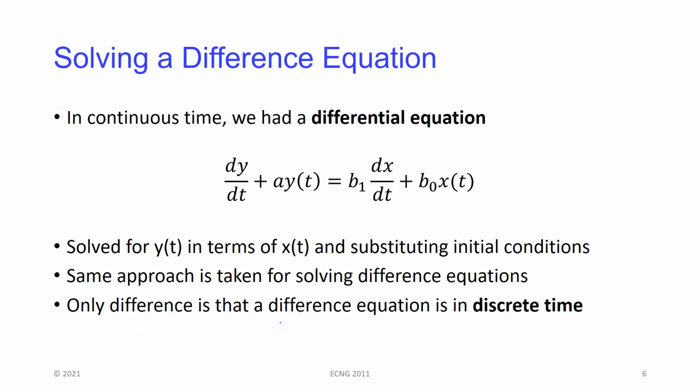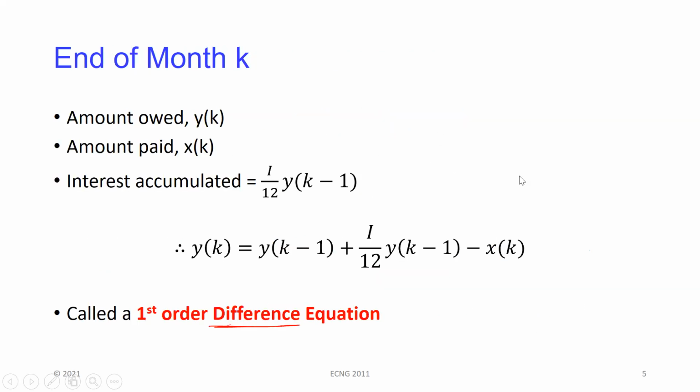And what we said is that in contrast, when we're dealing with a continuous domain, we have been using differential equations. But in discrete time, instead of the differential equation, the systems are described by something called a difference equation.